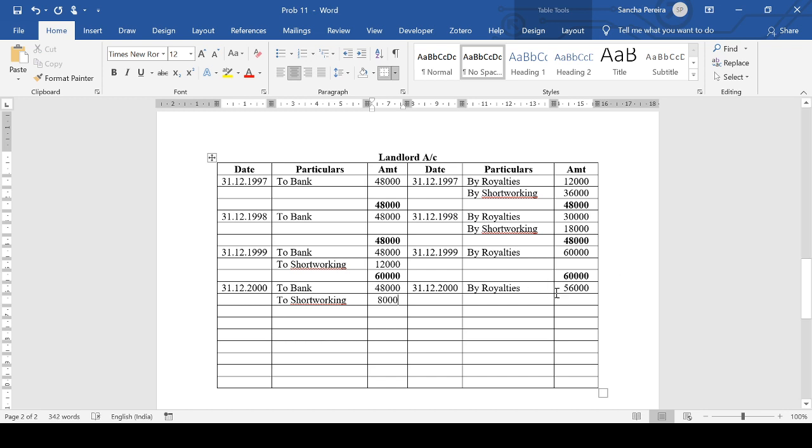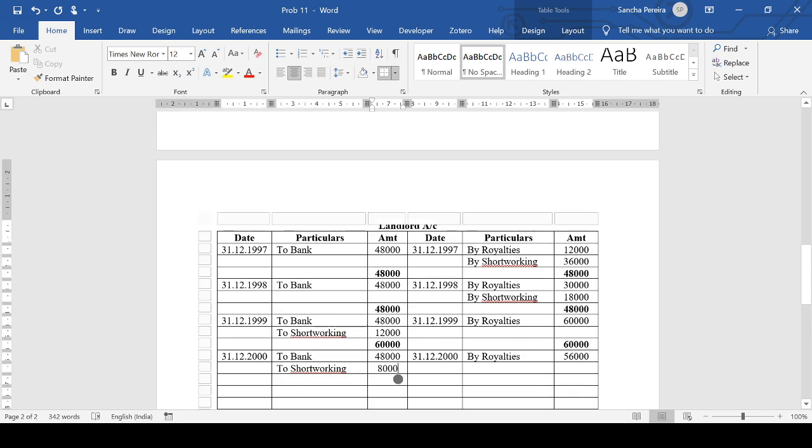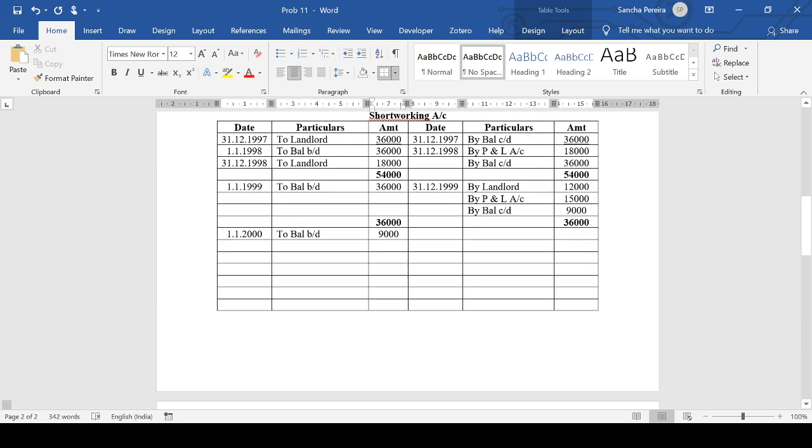Okay, so that's how this 56 should be done. So if we say to short working here, in short working account it will be by landlord, by landlord 8,000.